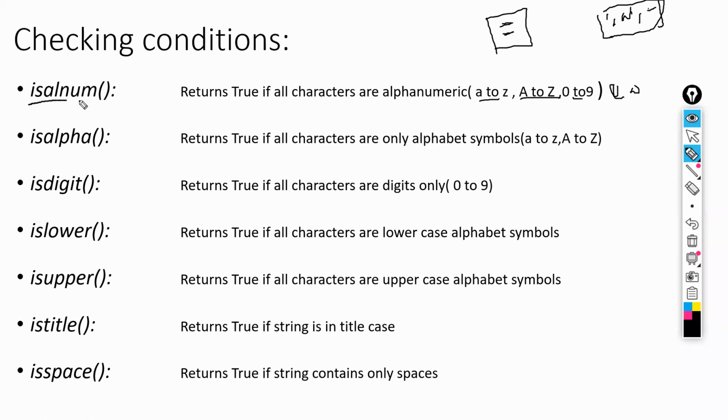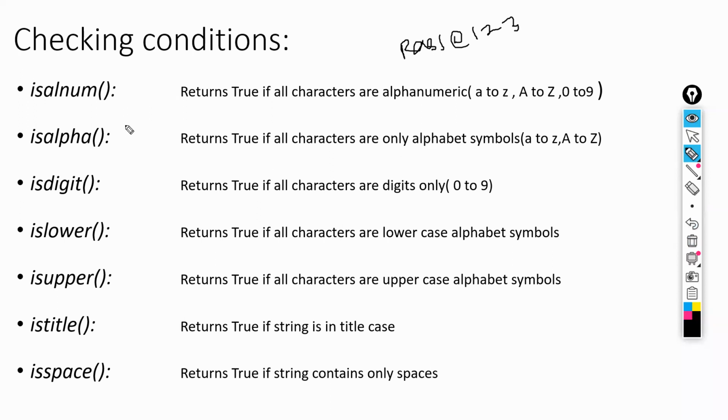Then there is isalnum. What do we mean by that? Is the password entered by the user made of alphanumerical values or not? For example, if I say PASS123, this is my password.